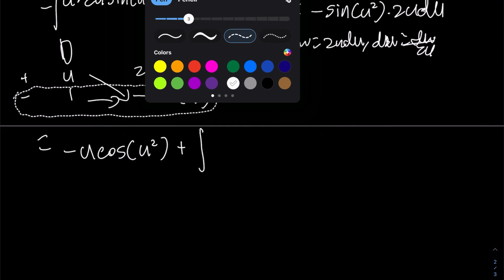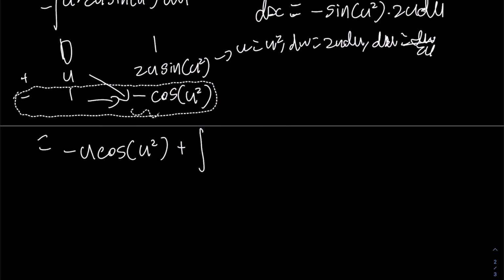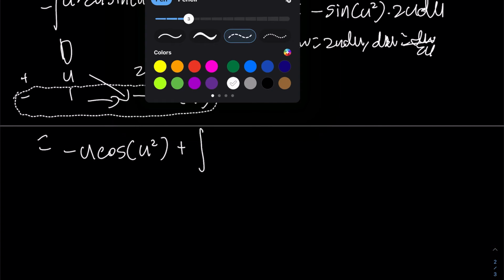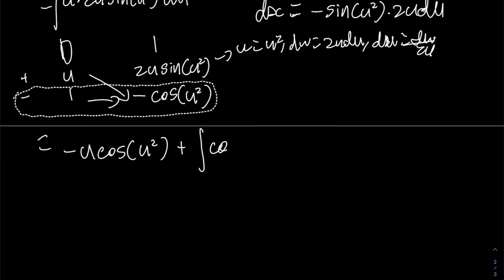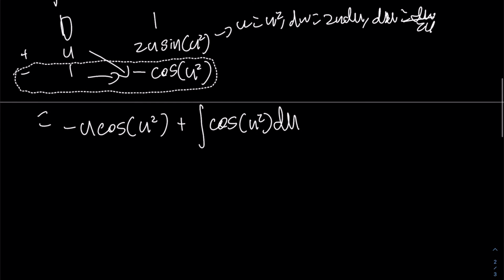If we had the integral of negative cosine of u squared, then we would just be able to multiply the diagonals once again, but that is exactly what we're doing here. So going back to this, we now have to just integrate cosine of u squared in the u world. And that is a very nice integral, and that is actually the Fresnel integral.